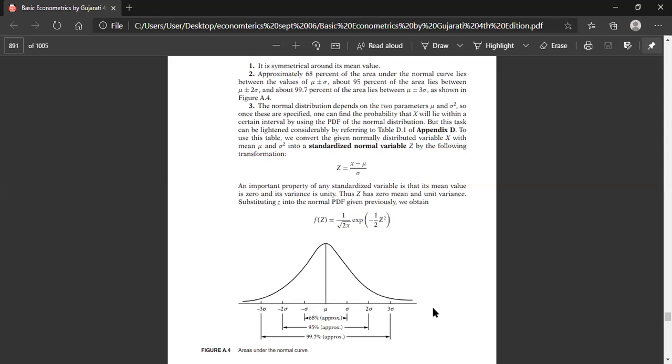What is your unit of measurement? Centimeter. So what are the values? Give me some reasonable values. 100, 110, and all the values here of your height.